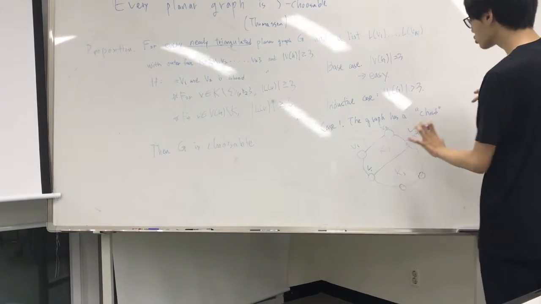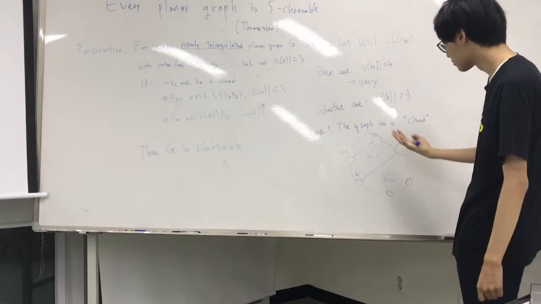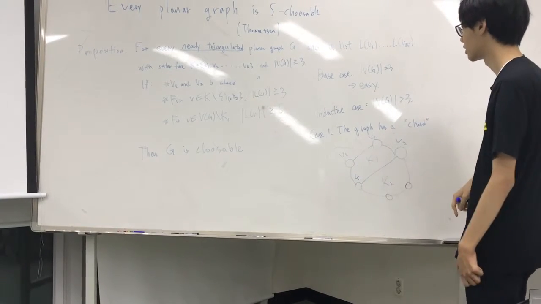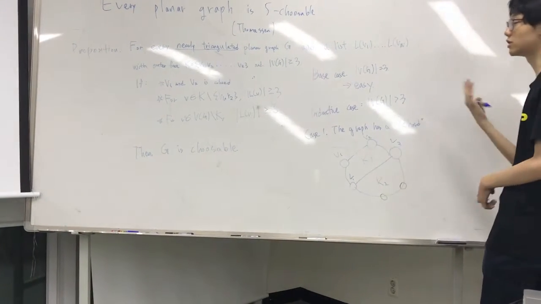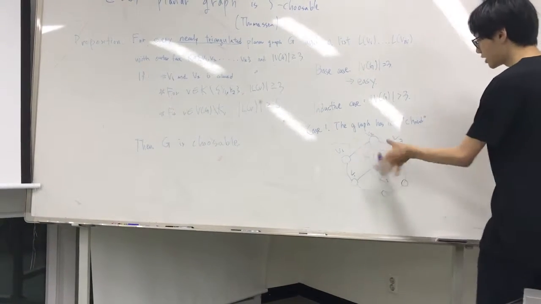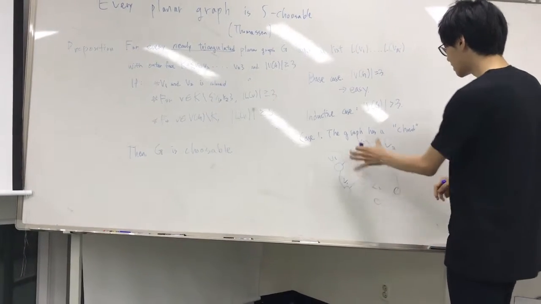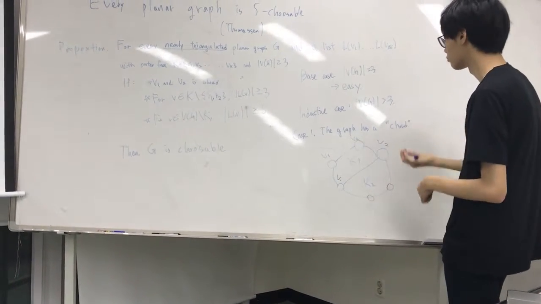Then we can also use the inductive hypothesis here because their number of vertices is strictly smaller. And in any case, we didn't violate anything about the nearly triangulated property. So we can again apply the inductive hypothesis, and then we complete the proof.